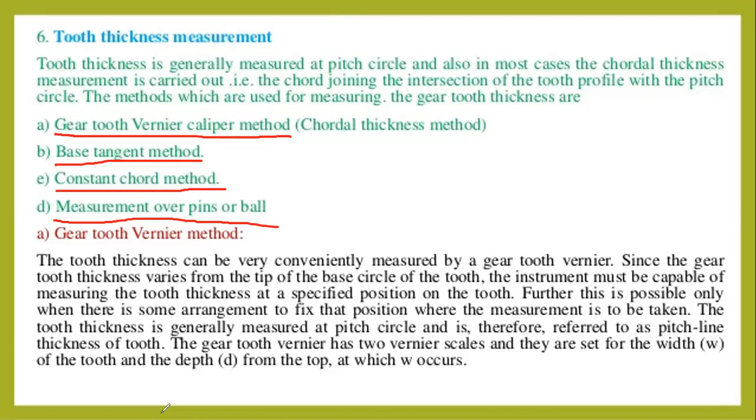The tooth thickness can be very conveniently measured by a gear tooth vernier. You have already known the measurement which is included in the vernier calipers. So it has a main scale as well as a vernier scale.